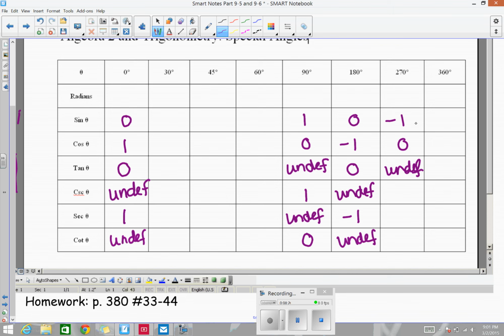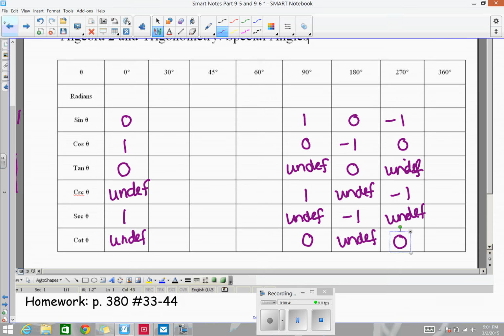Cosecant, reciprocal of sine, -1. Secant, reciprocal of cosine. Reciprocal of 0 is 1 over 0, so undefined. And cotangent, reciprocal of undefined, remember we talked about this, so it's 0 over -1, which is 0.